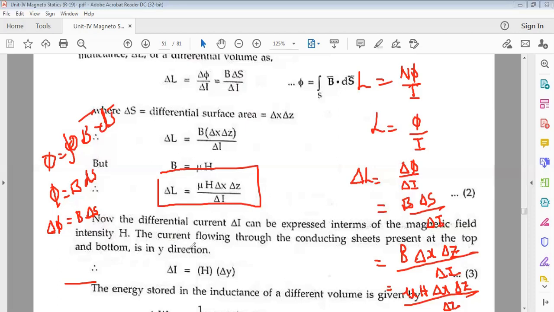So delta I is equal to H into delta Y. Substitute that in the denominator. Since the current passes in the Y direction, delta L is equal to mu H delta X delta Z, the whole divided by delta I, which is H into delta Y.